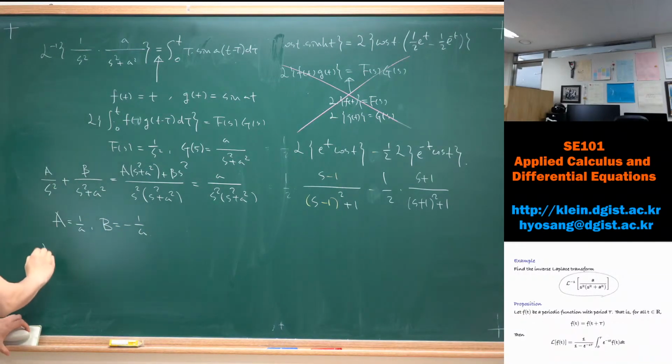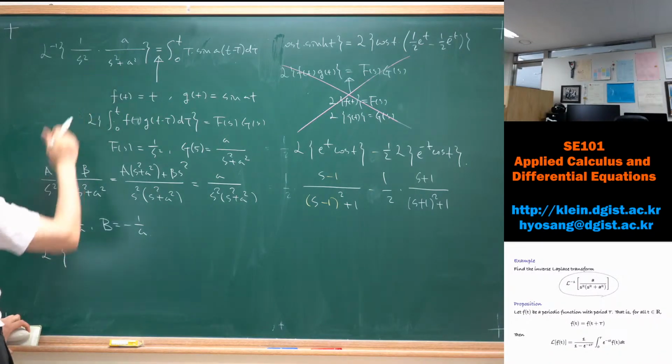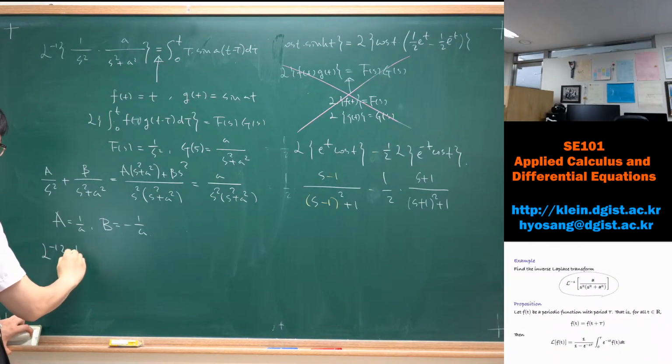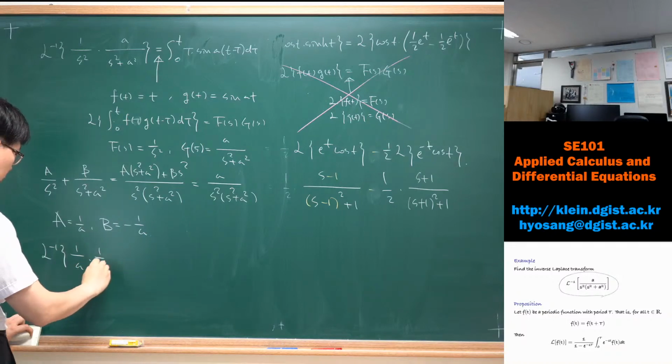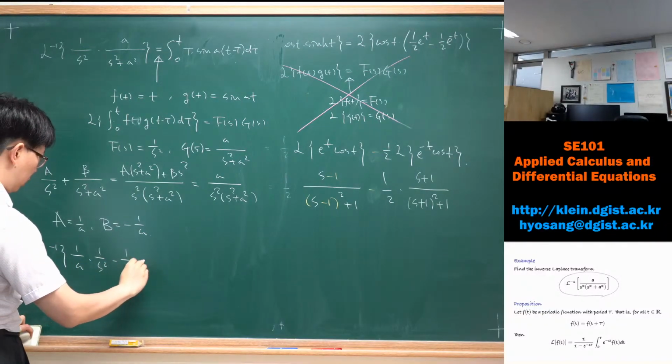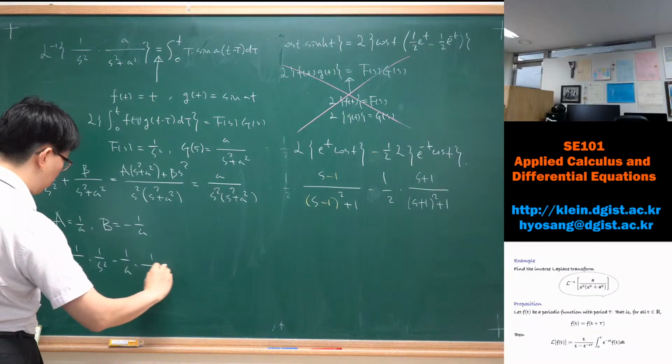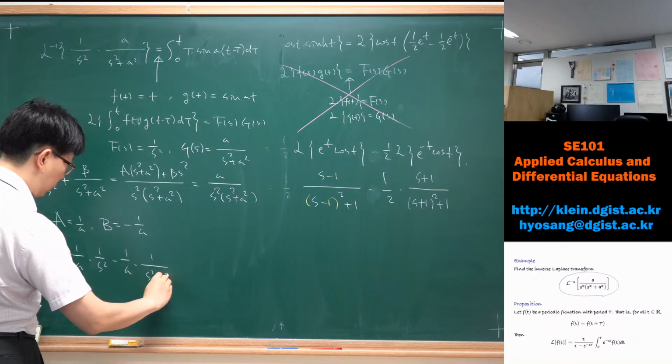So rewrite the inside here. We have 1 over a times 1 over s squared, minus 1 over a times 1 over s squared plus a squared.